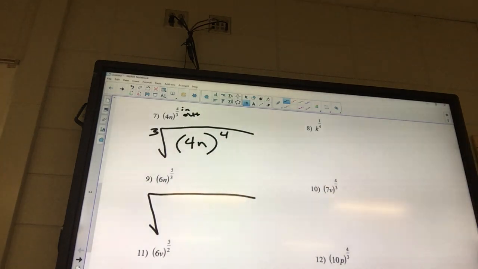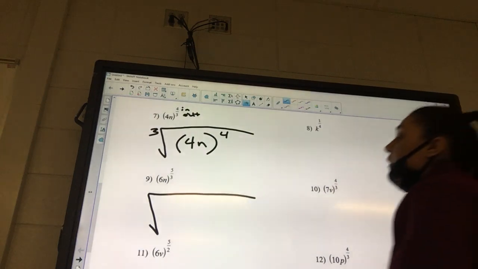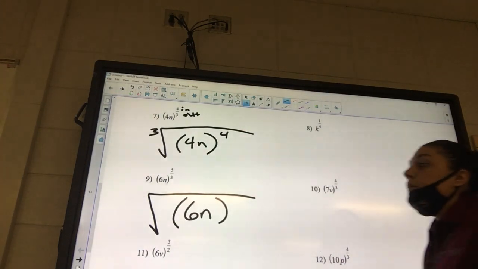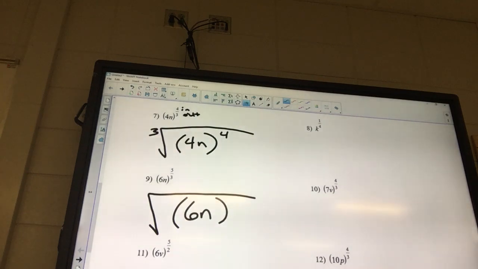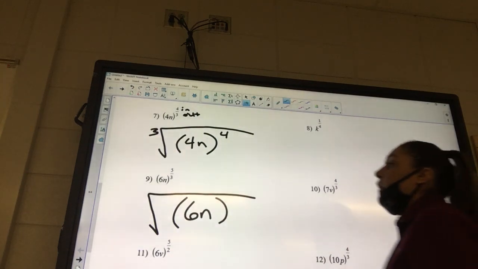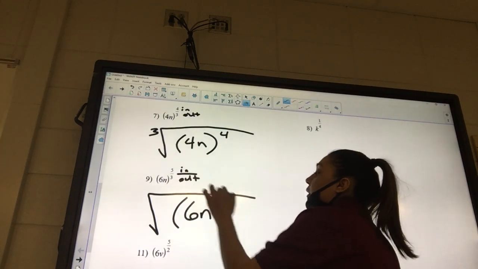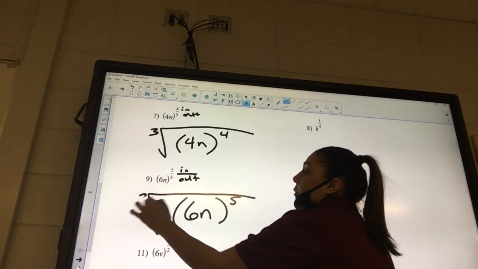Draw your house, and the stuff in the parentheses we put in there. Okay, we go inside over outside, so it's going to be 5 over 3.